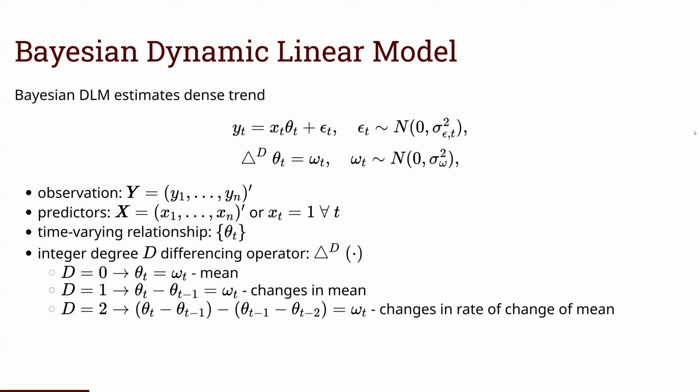When we get to change points, these have interpretable meanings. First differencing means we are just looking for jumps in the mean. Second differencing means we can have piecewise linear trends as well.